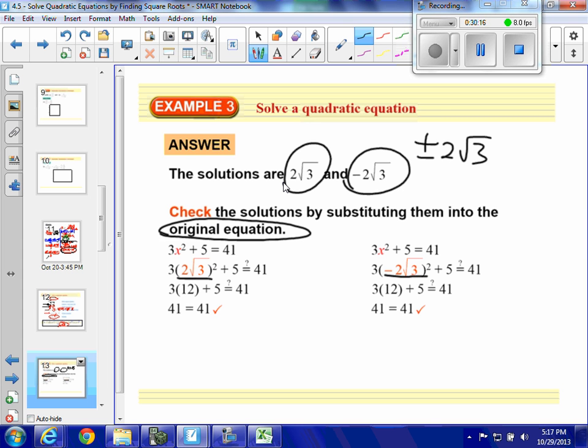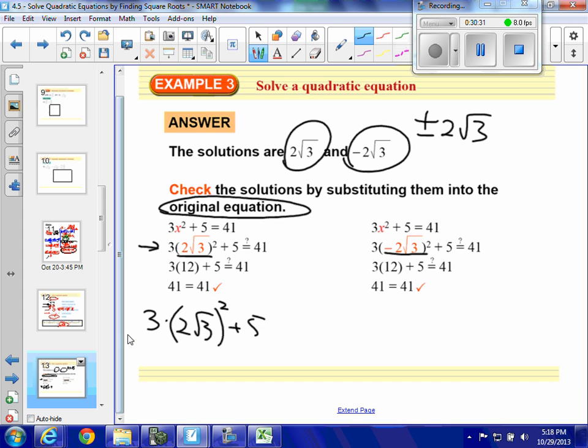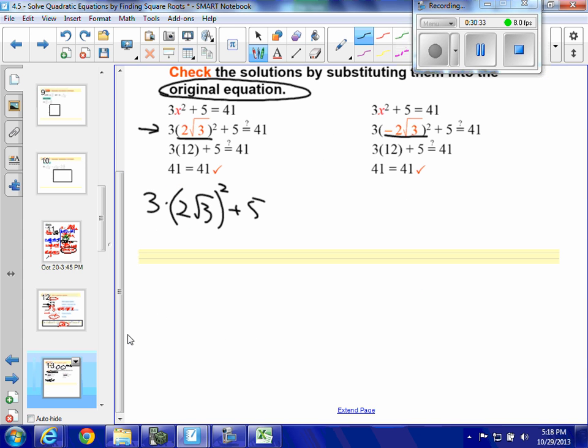I'm going to do the math, so let's just look at this line right here. I have 3 times 2 radical 3 squared plus 5. Let's take a closer look at 2 radical 3 squared. 2 radical 3 squared is equal to 2 squared times radical 3 squared.